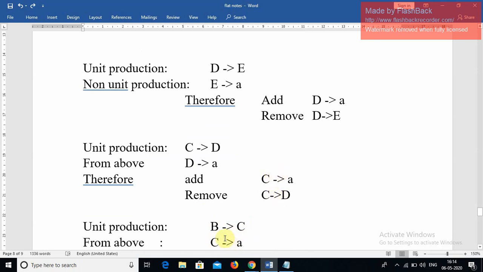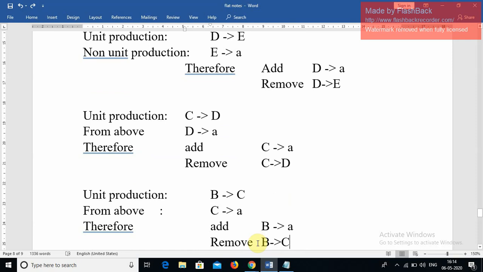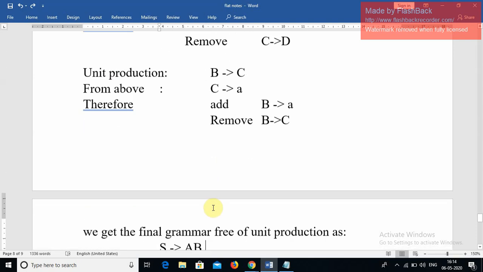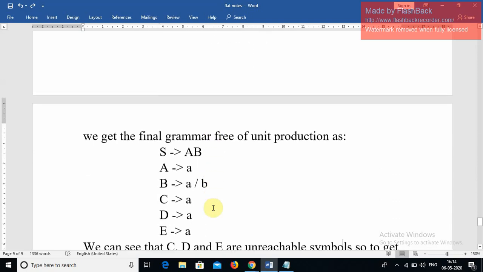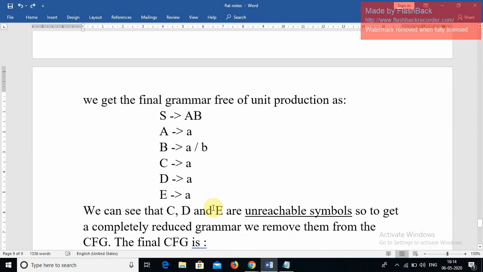So B to C, C to non-terminal. So obviously B to A we can add to the grammar and we can remove the unit production B to C. So finally we get the grammar like this. We are adding and removing unit productions, and finally we get this grammar.